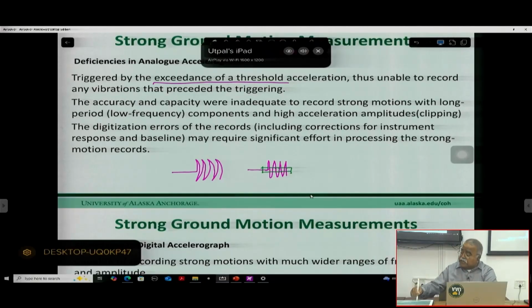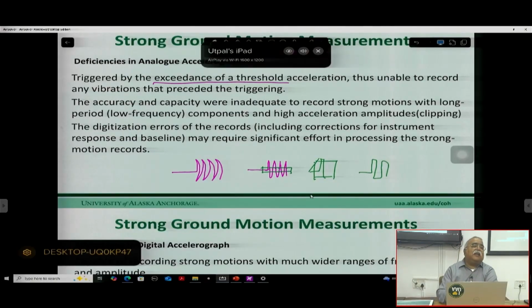since it's a manual, analog recording, it is limited by the width of the film inside. So if your recording is giving a larger motion, then it gets clipped, and you will ultimately see things like this.